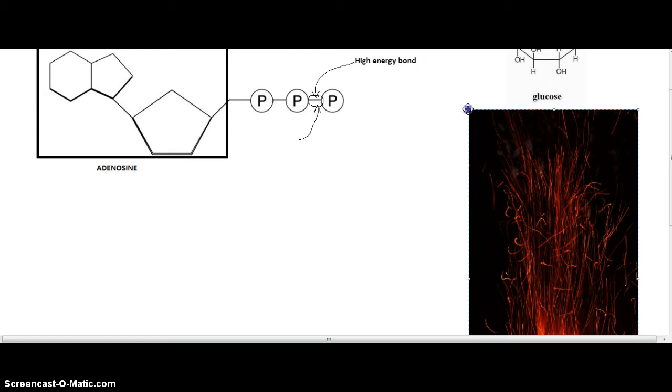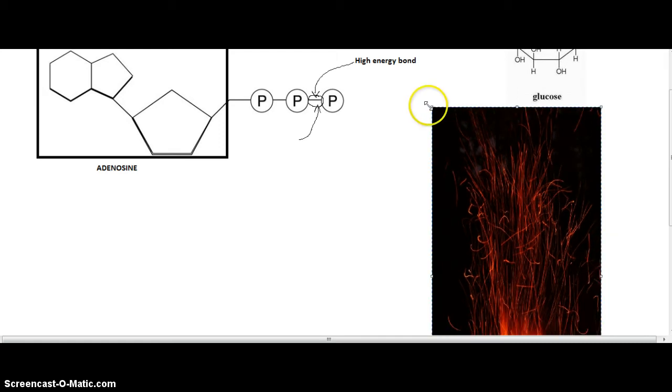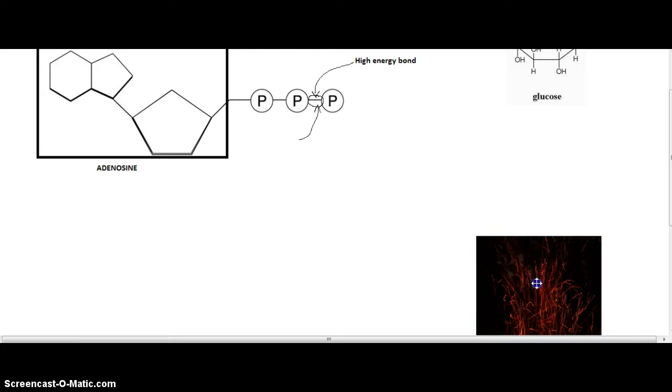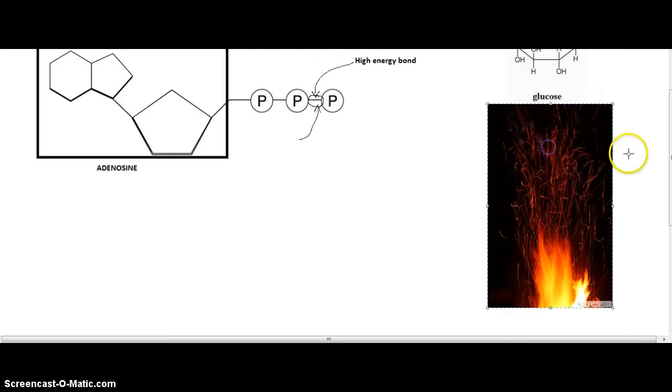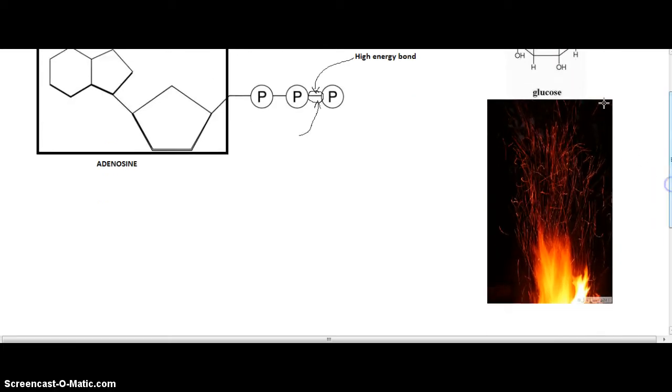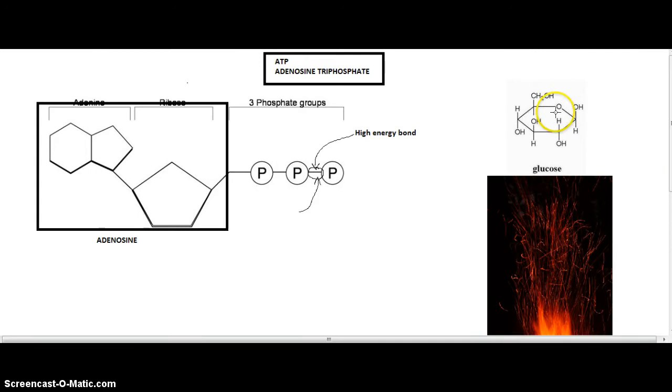Remember the sugar example that we did in class? I took the coffee creamer and added some fire to it, and it exploded.